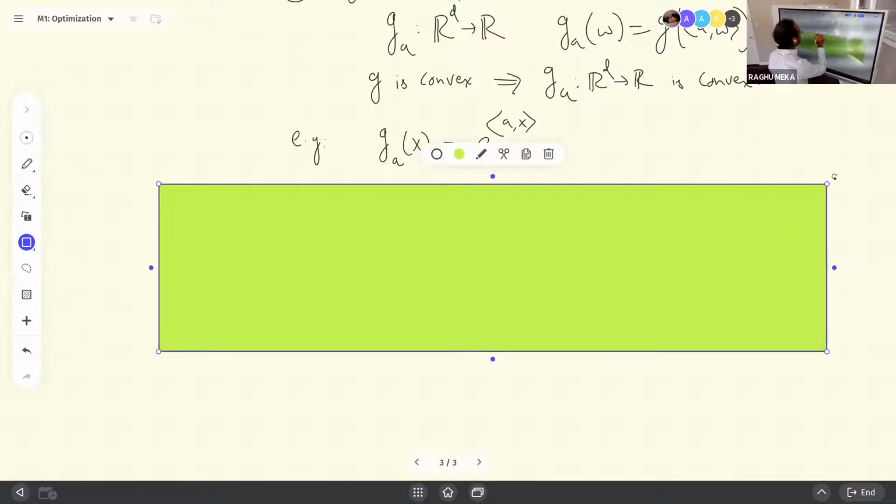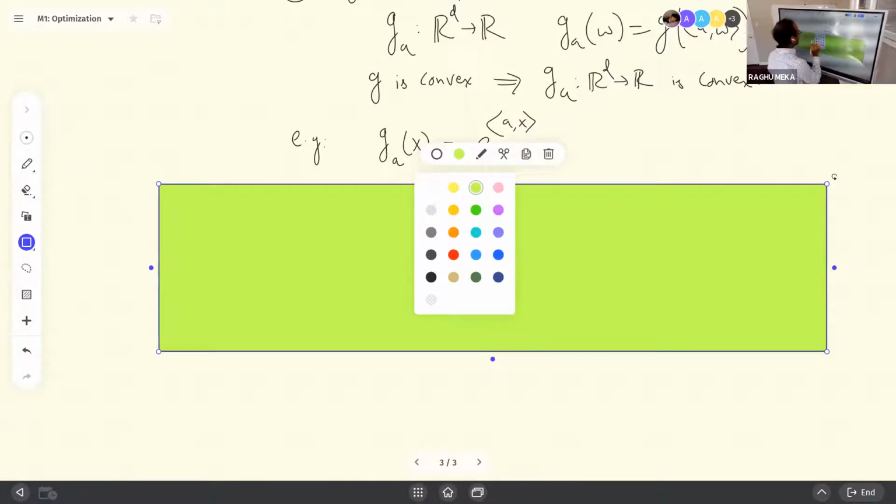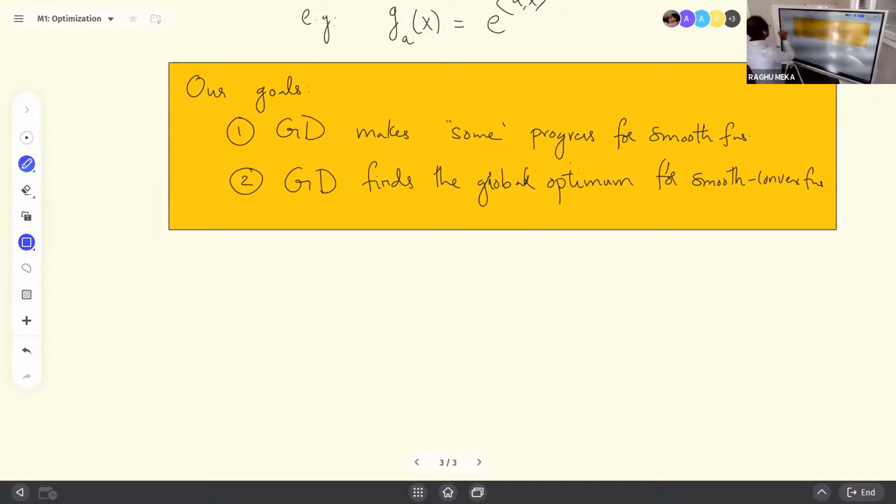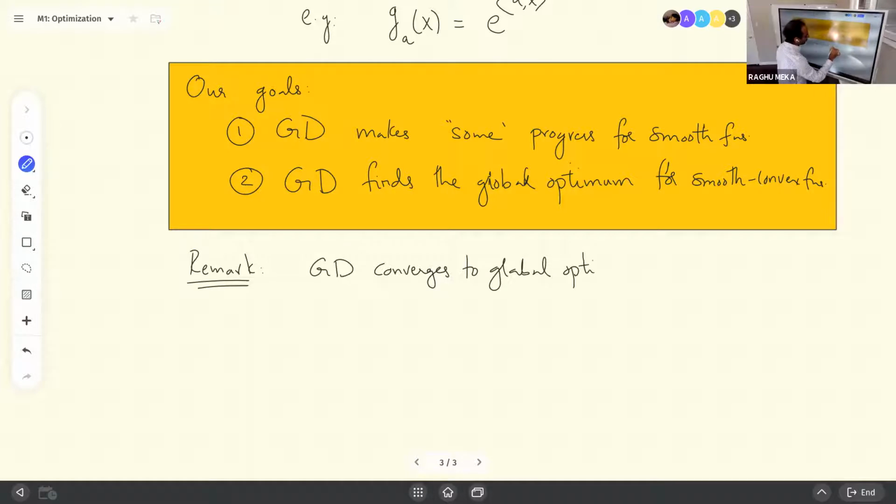But before going on, let me say a few things about the stuff that we're not going to cover in this course, just to make sure that you know these things. Remark: GD converges to the global optimum for Lipschitz convex functions.